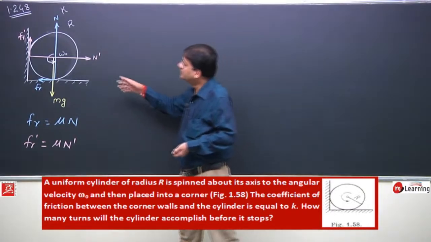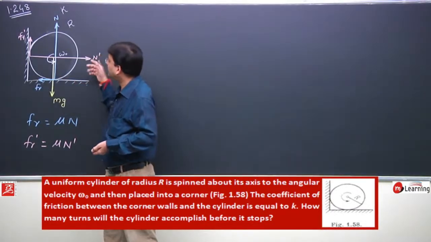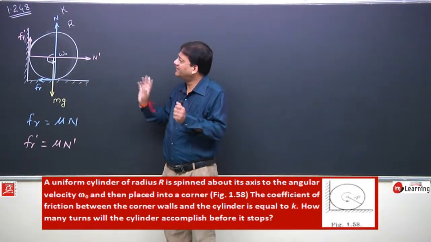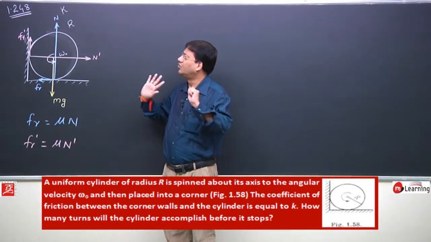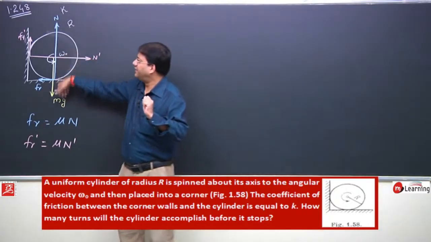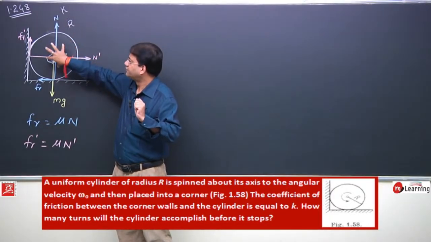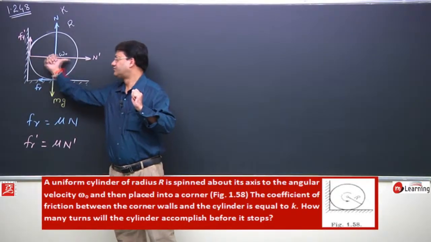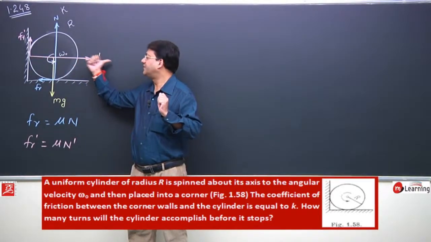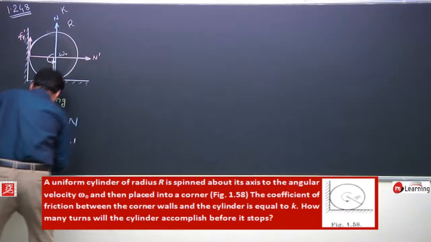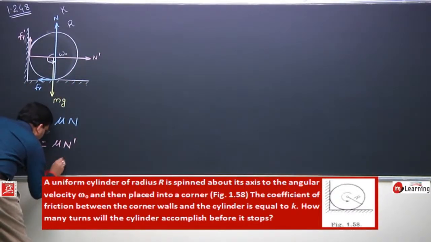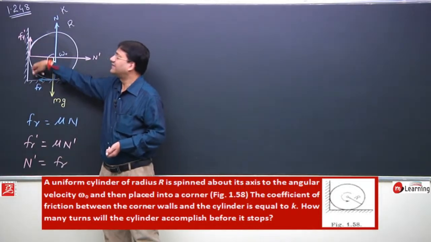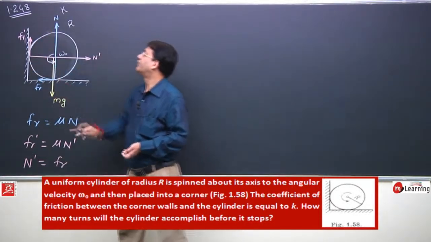Also, I will say in horizontal direction there are only two forces. Now, are there any other forces besides this? No, no other forces besides this: mg, normal reaction, and due to this relative motion, frictional force here, and since there is a force here, an equal and opposite force must be there. So N dash must be equal to the frictional force, and since there is relative motion in this direction, hence frictional force in this direction.